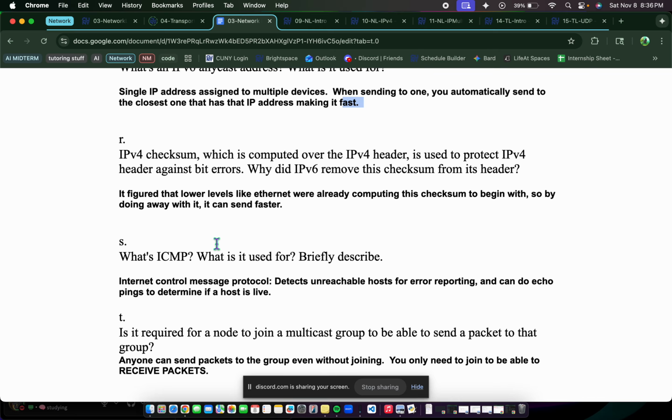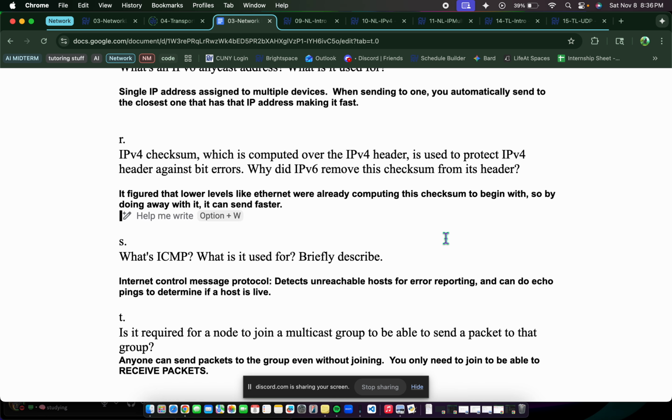Okay. The IPv4 checksum, which is computed over the IPv4 header, is used to protect the IPv4 header against bit errors. Why did IPv6 remove the checksum from its header? Well, first things first, the link layer was already going to be doing this. So what is the point of doing this again? The lower levels, like Ethernet, are already going to be computing it. So why are we going to compute this again?